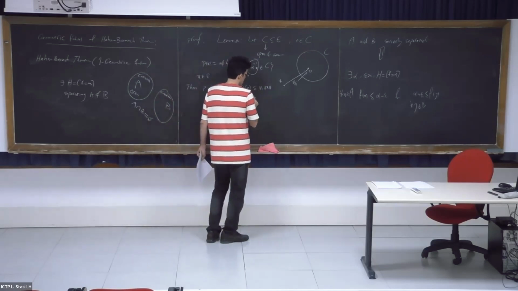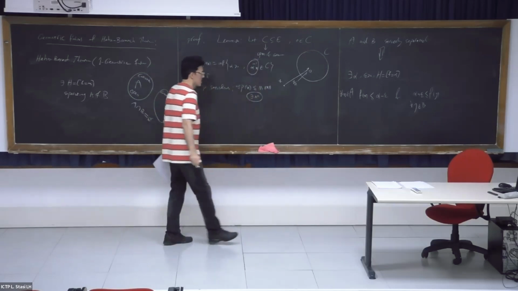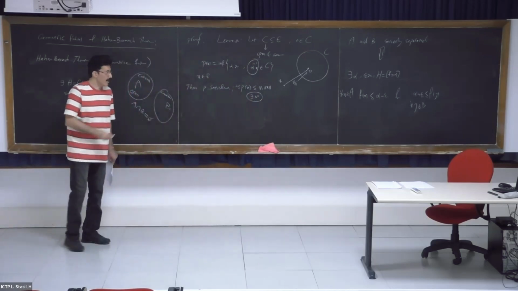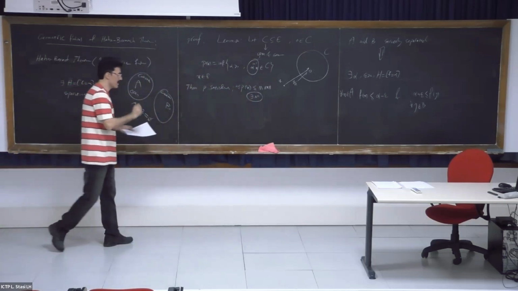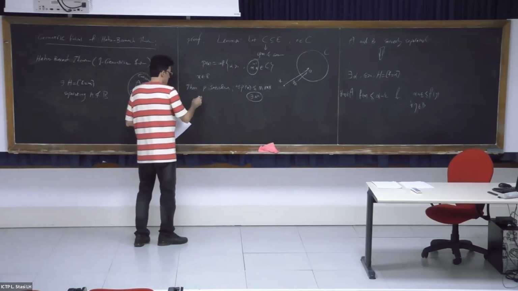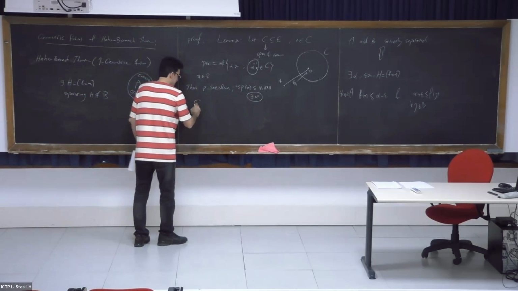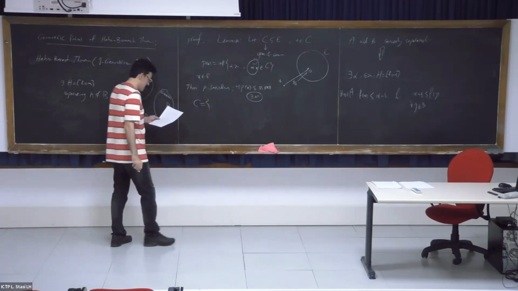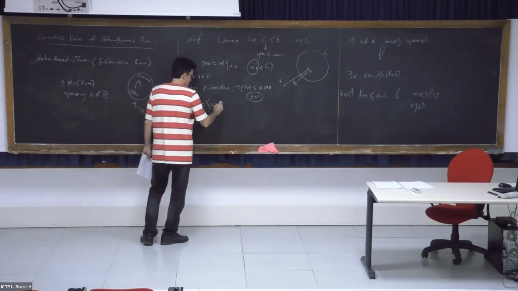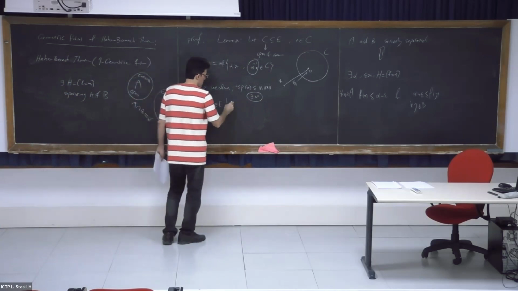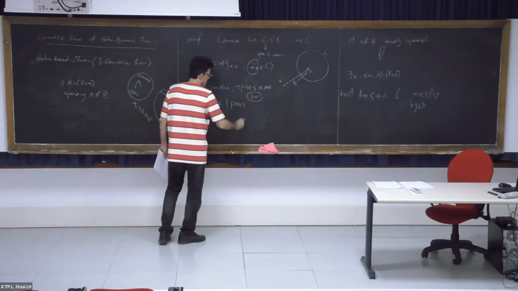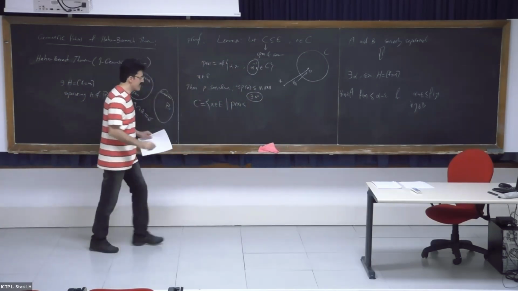Also we have another property, that C is exactly the set of x in E such that P of x is strictly less than 1.